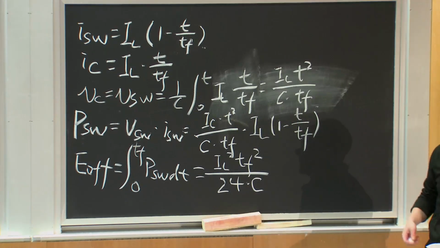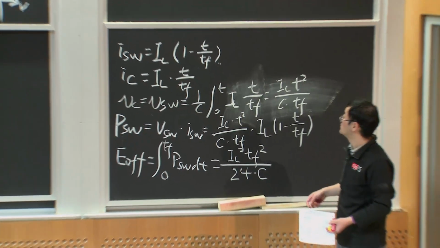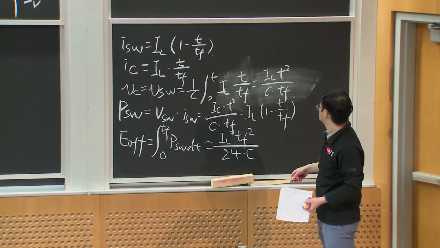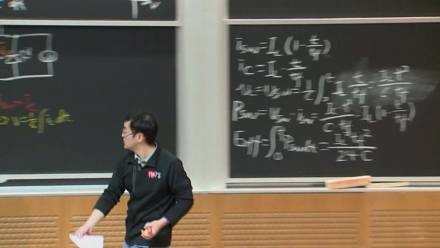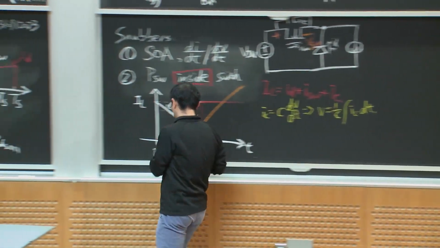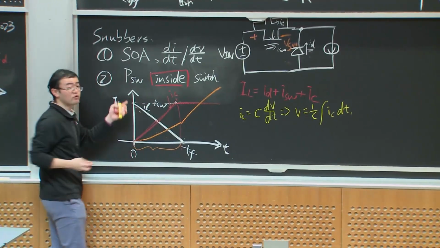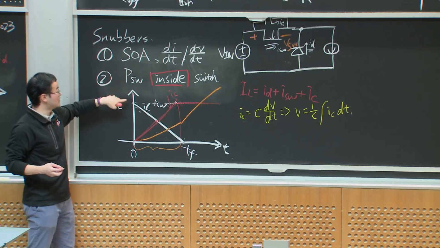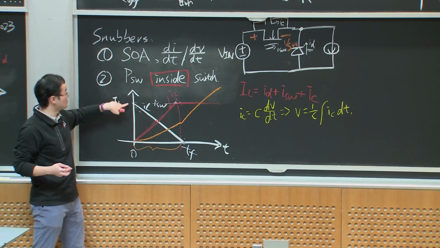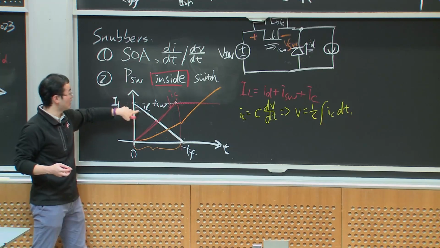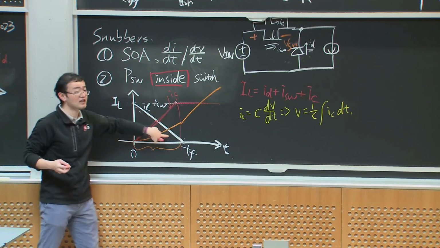Yeah, go ahead. Equal to IL times (1 minus T over TF). Is that coming from IL is equal to ID plus I switch plus IC? Yeah, so here we have an assumption. Even if we have a snubber, we still assume the transient for the switch current is linear. And we know that the current will decrease during the turn off. So we assume this will be a linear current.